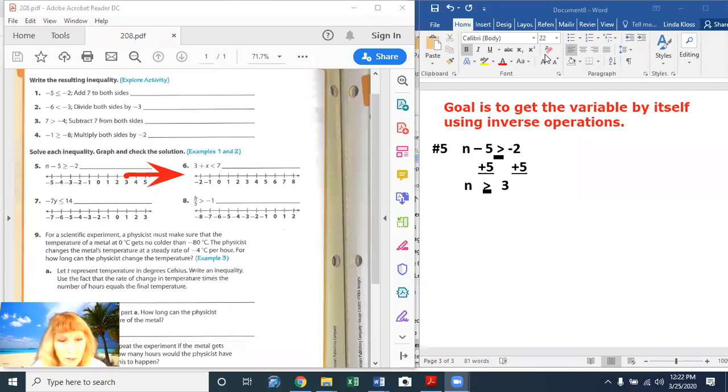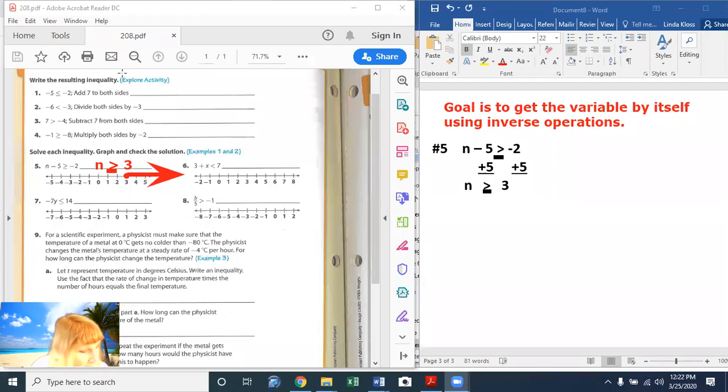Okay, let me put my answer in here as well. N is greater than or equal to 3. Draw my little line. There. So that's the answer.